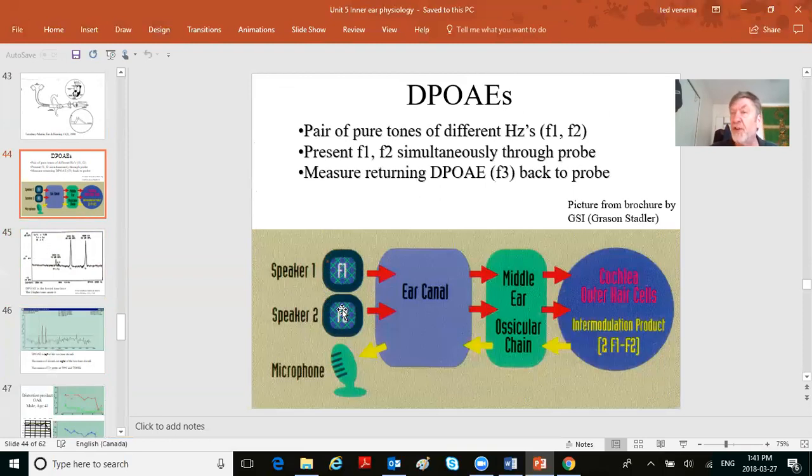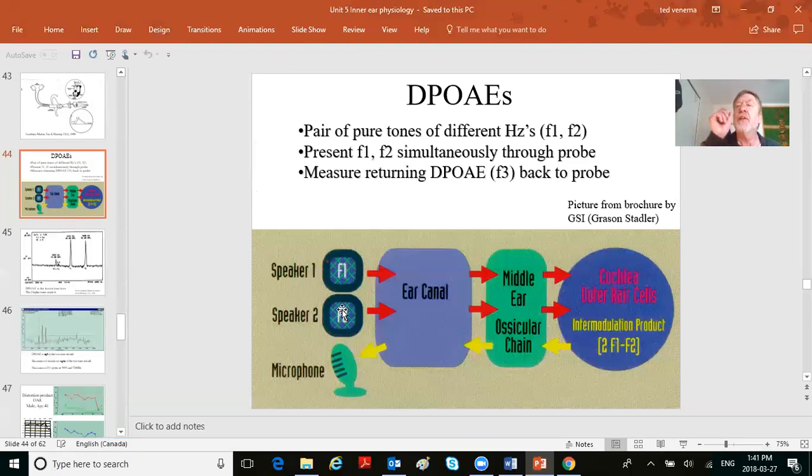So if tone 1 is 1,000 hertz, tone 2 is 1,220 hertz. They need to be separated by that ratio. And then if another tone of 2,000 hertz is coming out, then you're going to have 2,440 be the other tone. The ratio is always 1 to 1.22.